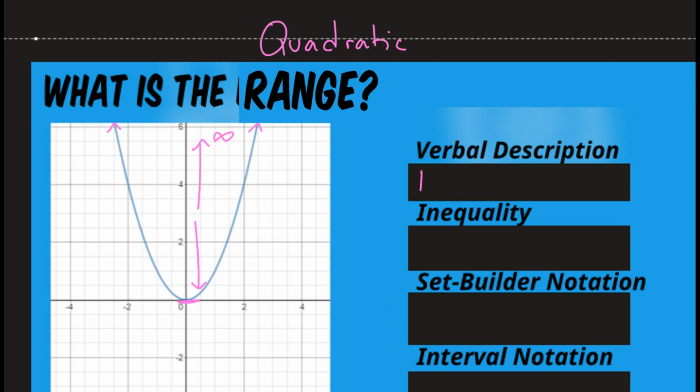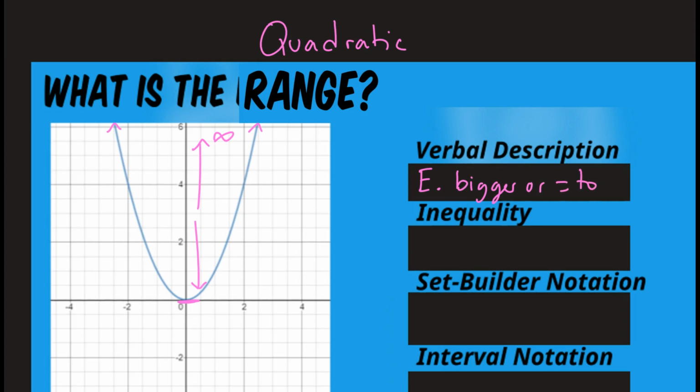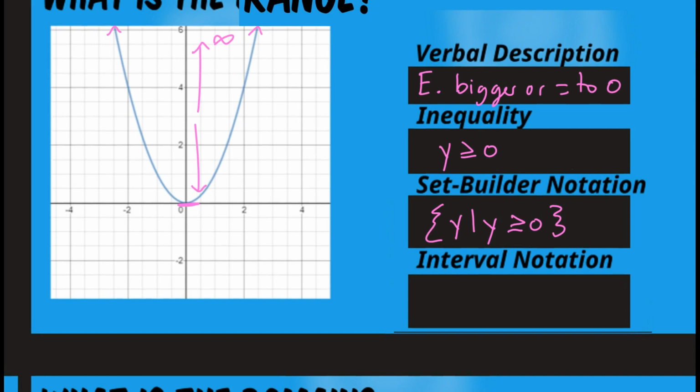It is everything bigger or equal to 0. Sorry about my shorthand there. Inequality, same exact thing. Y is bigger than or equal to 0. Set builder, same thing. Y such that y is bigger than or equal to 0. And interval notation, exact same. Our lowest value is 0 and it's equal to 0, so I put a bracket, and infinity.